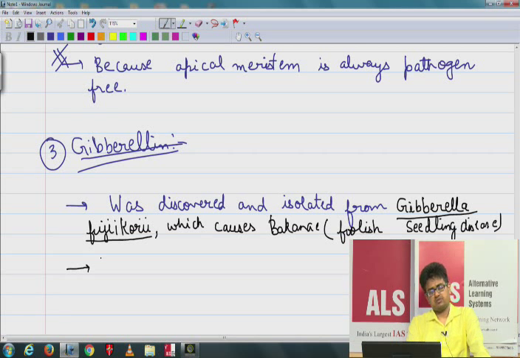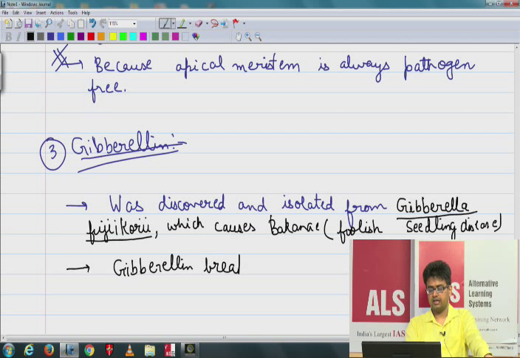There are some other details. What is the chemical composition of gibberellin? It's called gibberellic acid, GA1, GA2, GA3. You will just write the effects. Gibberellin has some effects, I will write the effects first.